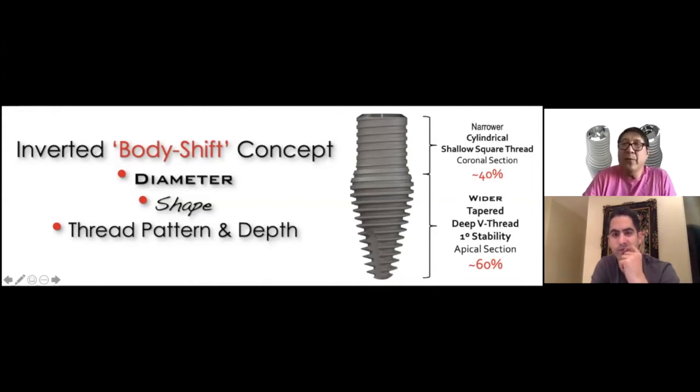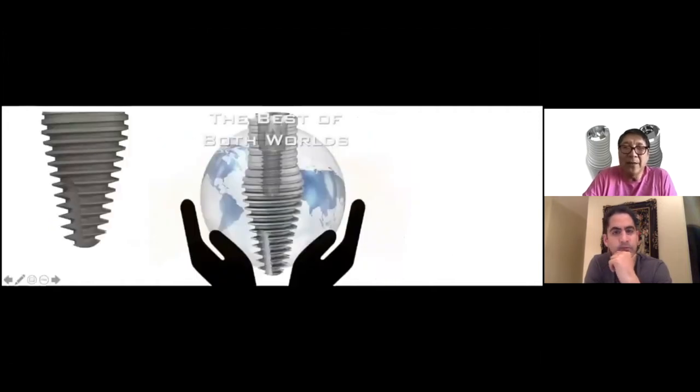And the coronal portion is roughly 40%. It's really 50-50 because there is a zone from here to here where you transition from the tapered shape to the cylindrical shape, which is roughly 10% of the length of the implant. So these are just some of the strategies in the design, again trying to get the best of both worlds.